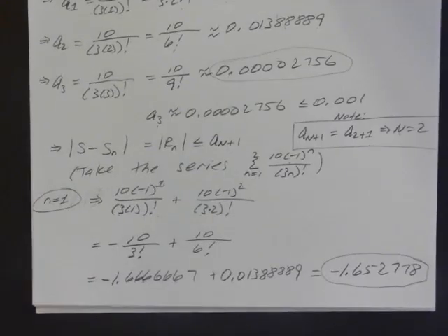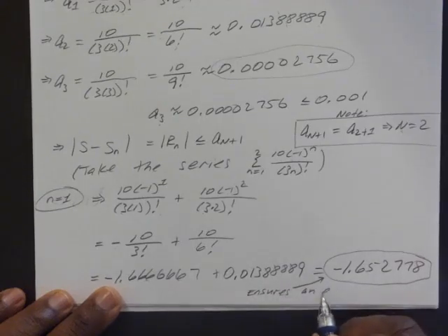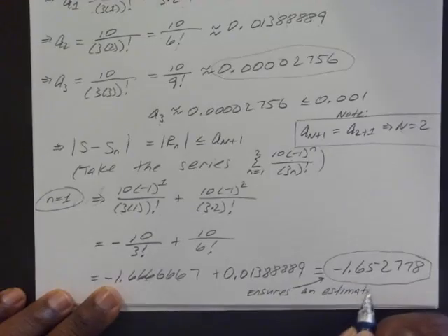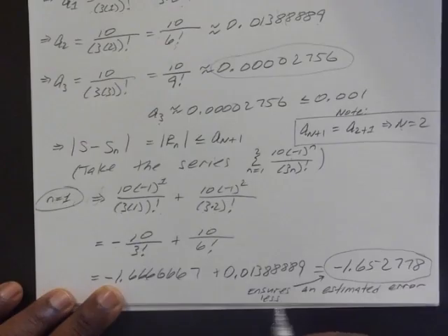Okay, so this value ensures that the estimated error will be less than 0.001.